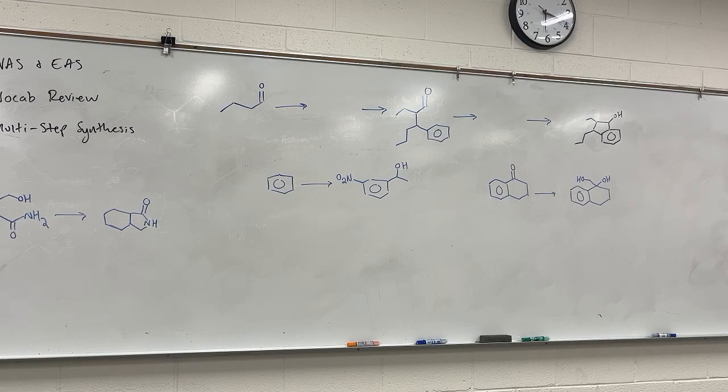Oh, okay. And what you're doing is Michael addition. And back in our Michael addition unit somewhere... The Michael addition involves an enolate, but this is a conjugate addition with a cuprate.